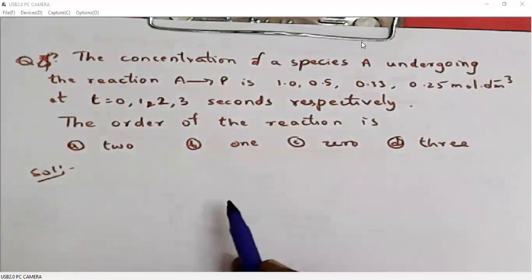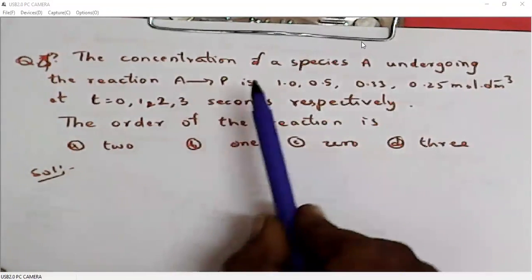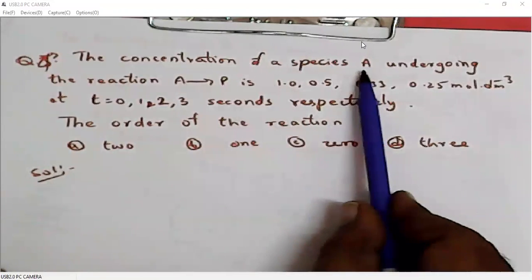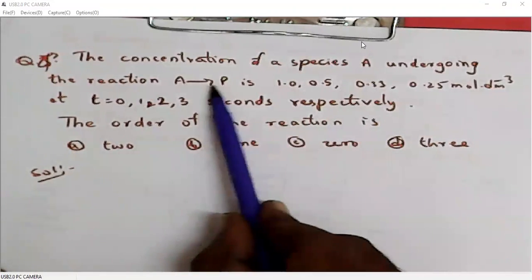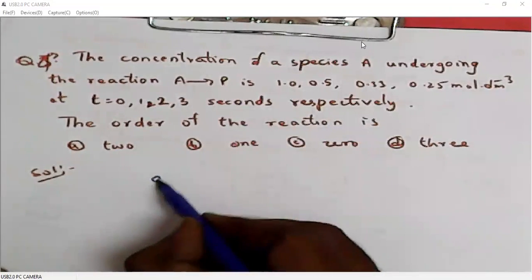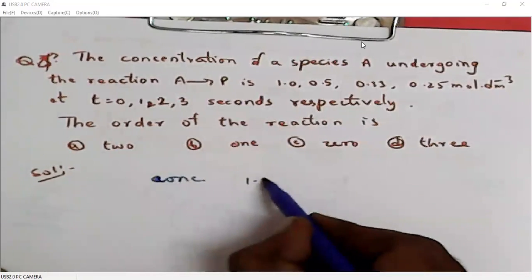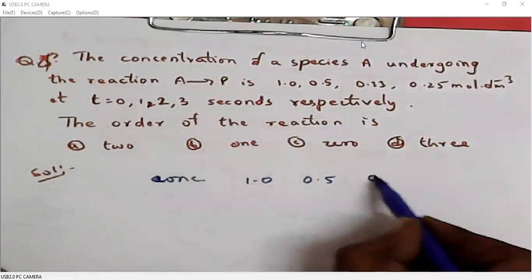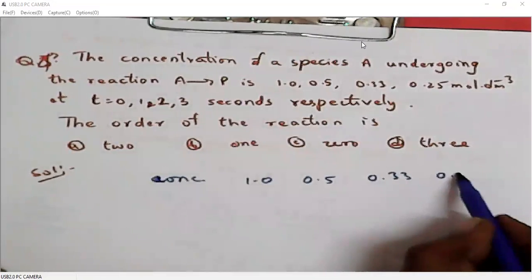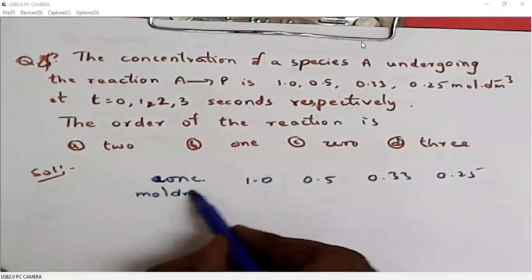This problem was given in a CSIR exam. Now you just look at this. The concentration of a species A undergoing the reaction A gives rise to P is, so they have given the concentrations 1, 0.5, 0.33, 0.25 mole per decimeter cube.